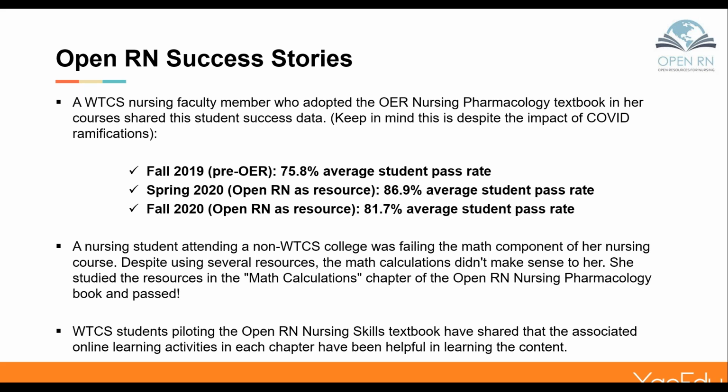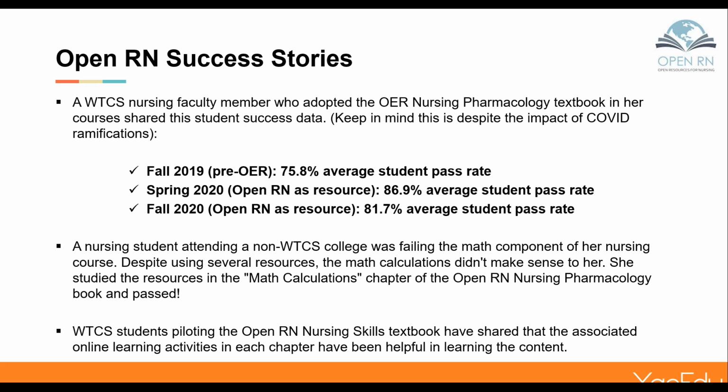Then a couple of other anecdotes that I love to share with people. We had a nursing student who was attending a college, and the math portion just was not clicking for this student for whatever reason. She had used a lot of different resources, and the math calculations just weren't working for her. The OpenRN books are written deliberately in a very down-to-earth manner so that students can absorb the material and understand the material, and they're really focused on student comprehension.